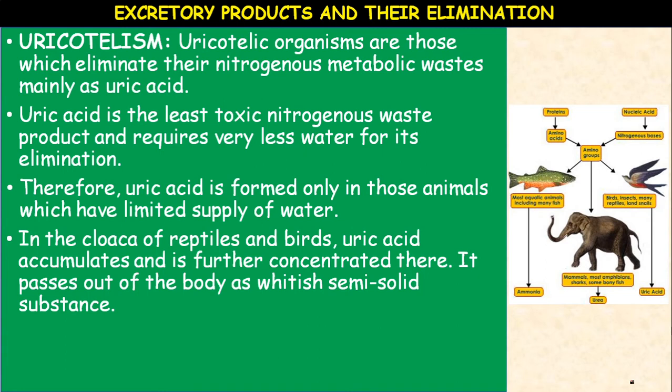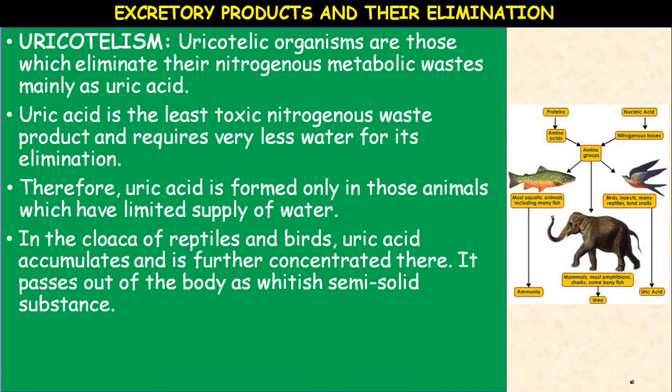Reptiles and birds are very good examples of uricotelic animals. In the cloaca of reptiles and birds, the uric acid accumulates and is further concentrated there.